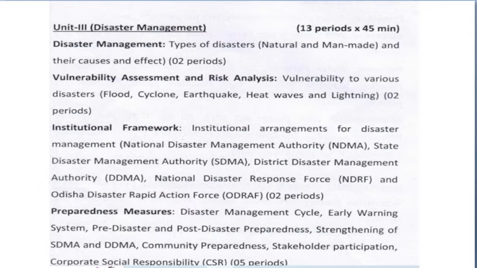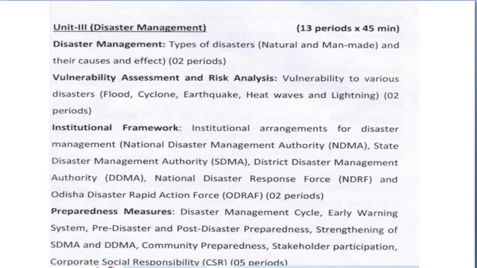Then State Disaster Management Authority, that is SDMA. Then District Disaster Management Authority, DDMA, and National Disaster Response Force, NDRF, and Odisha Disaster Rapid Action Force, that you know as ODRAF.